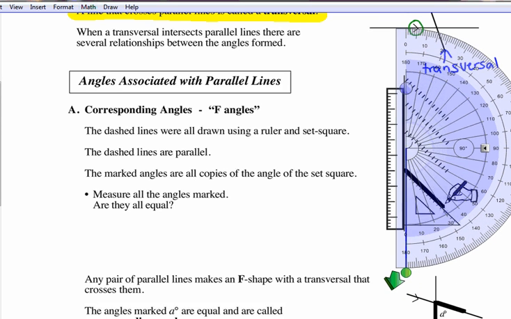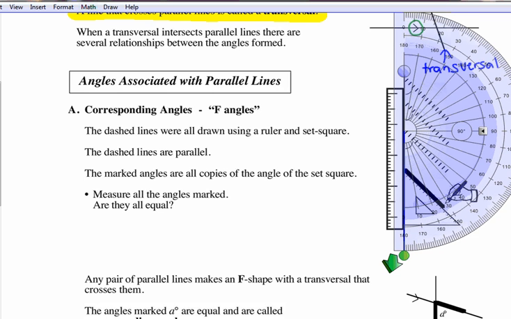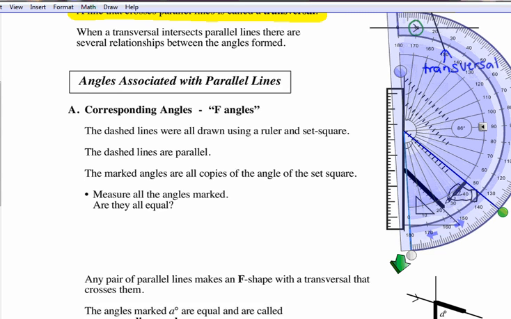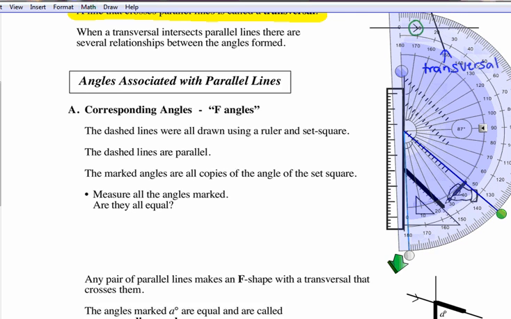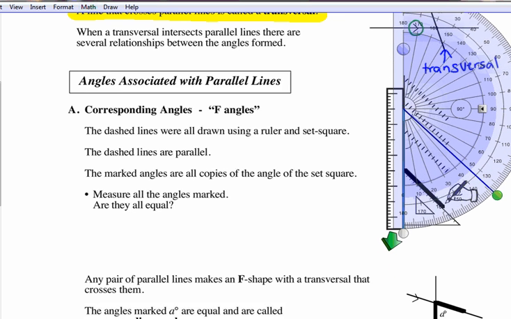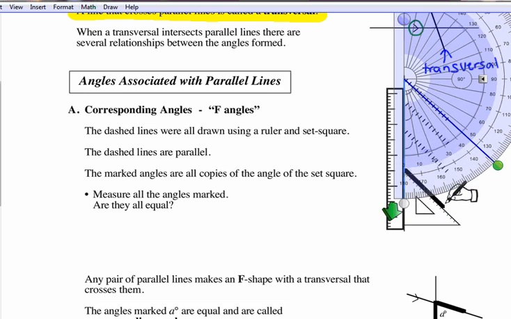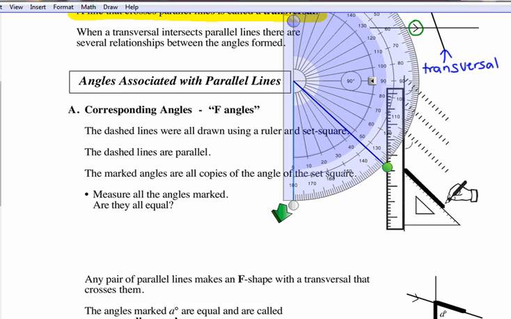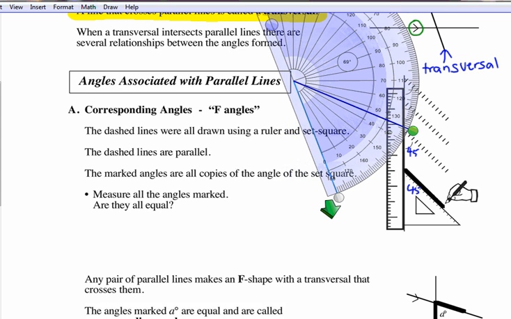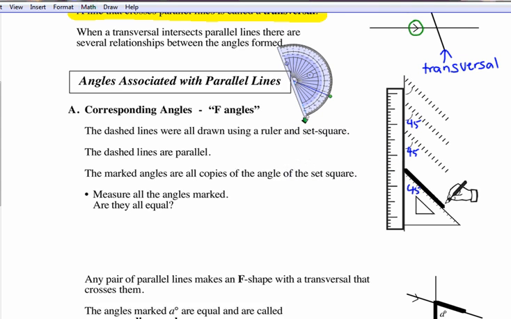If we move up, you could probably induce this as a pattern, or deduce that it's going to be 45 as well. So we have another 45. We keep moving up: again a 45-degree angle, and again a 45-degree angle. So they're all 45 degrees. And 45. So are they all equal? And the answer is yes.